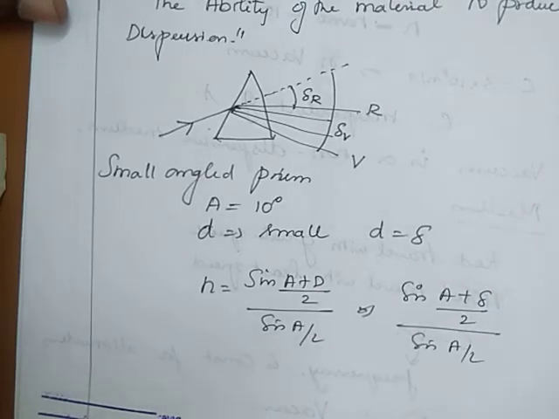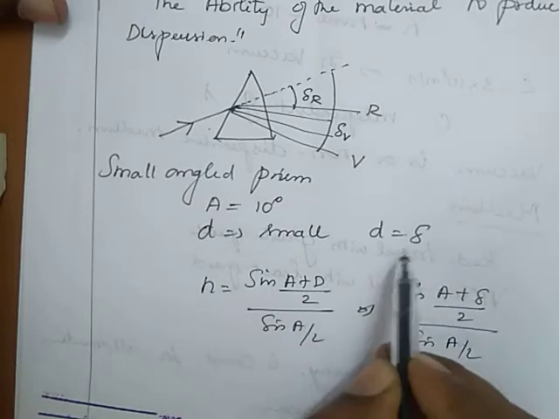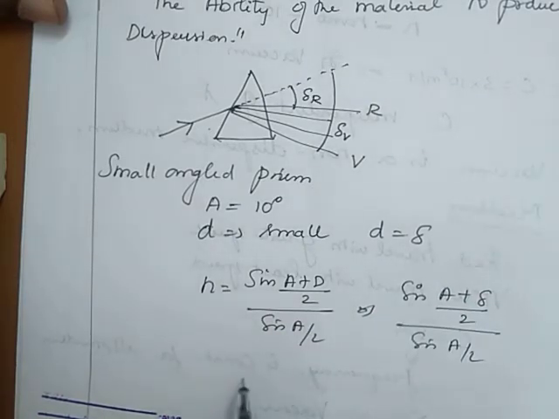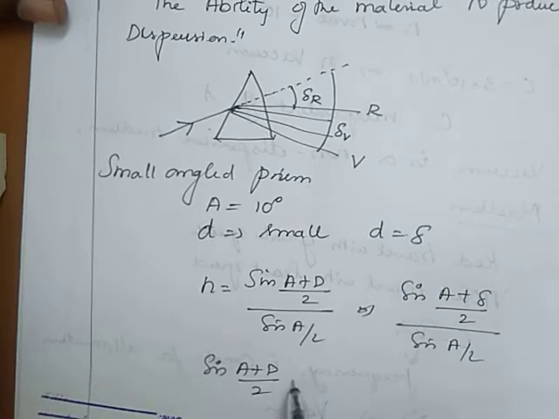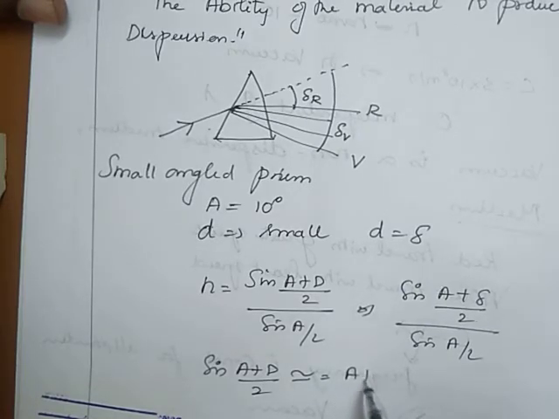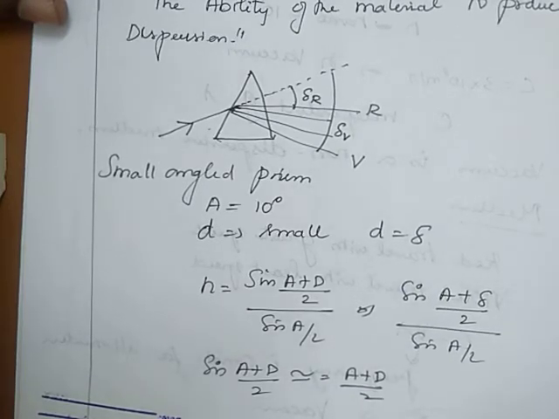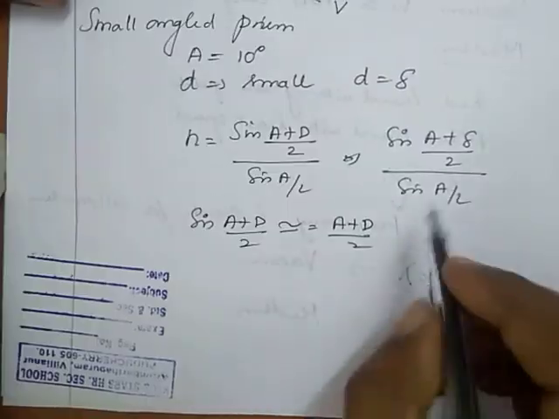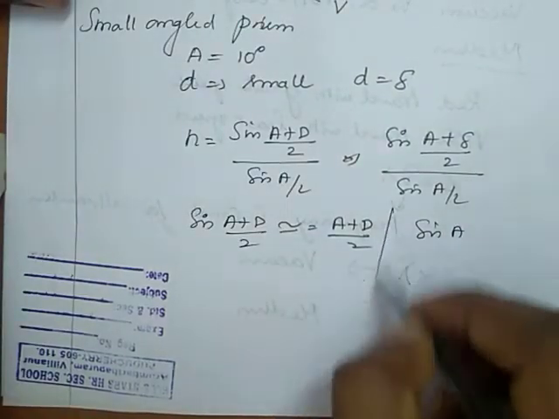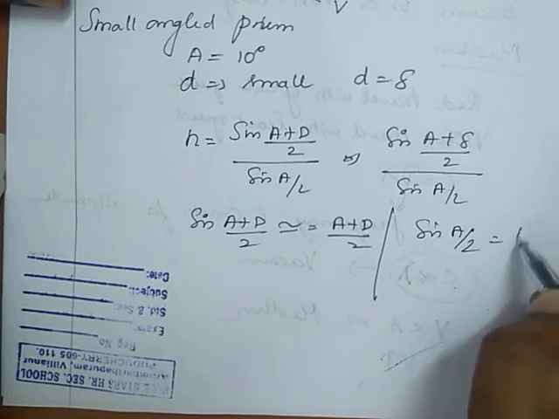Here the angles A and delta are very small. So we can consider sin of (A plus D) by 2 is approximately equal to (A plus D) by 2, and sin of A by 2 is approximately equal to A by 2.